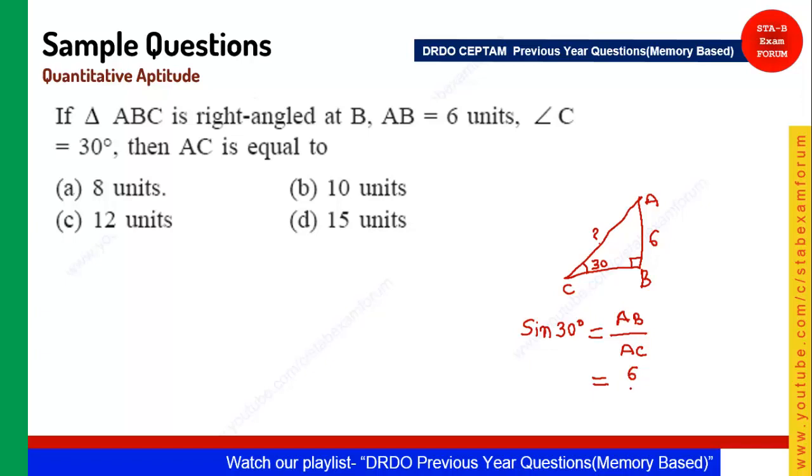Okay, and you need to find AC, and student, sine 30 is 1 by 2. Okay, so therefore your AC is 12. Okay, so those who have given 12 as their answer are correct. Okay, they are doing the right preparation. Okay, shall we move to the next question?